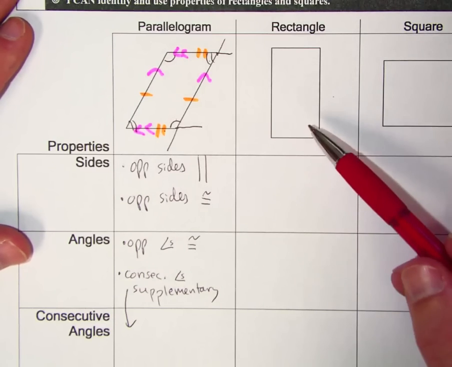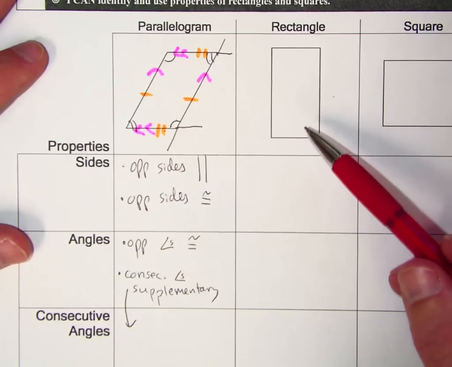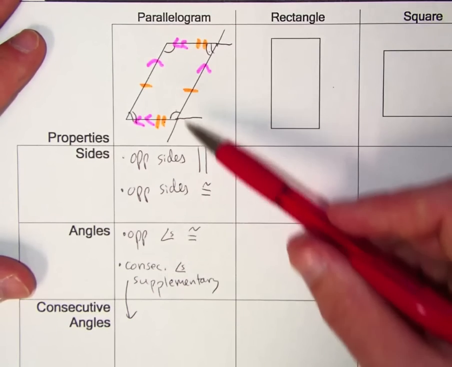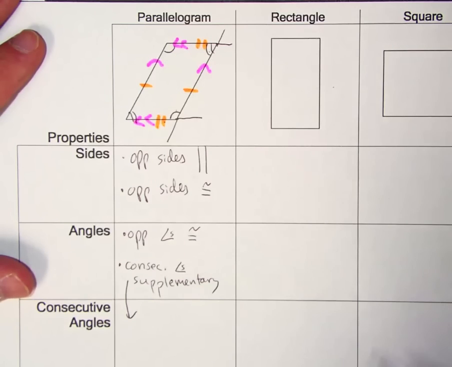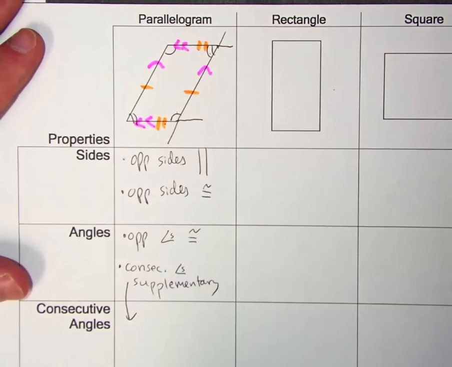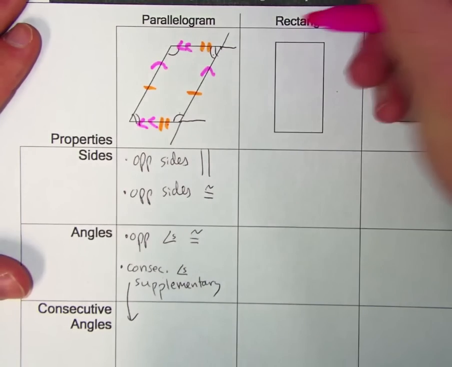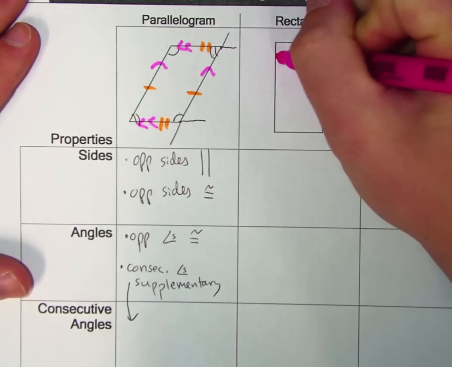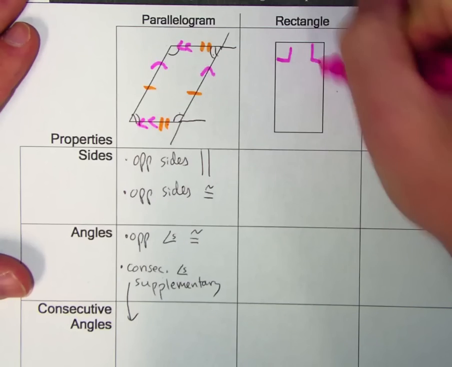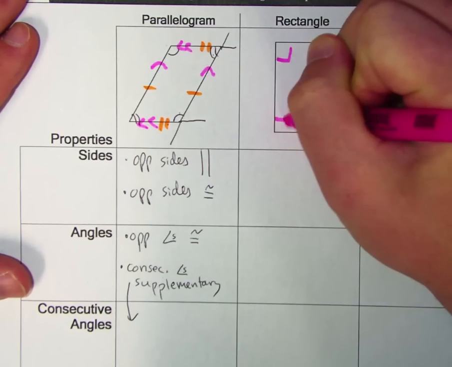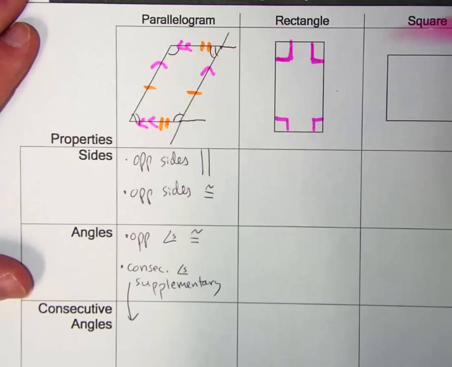But there's more rules for the rectangle. To be a rectangle, you have to meet all the parallelogram rules and have some more. Here are the key differences for the rectangle. Not only are opposite angles congruent, but they're all congruent because they're all 90 degrees.